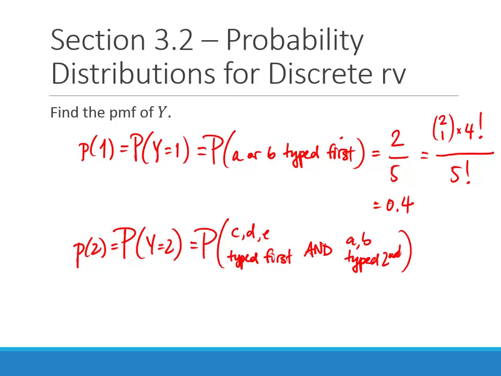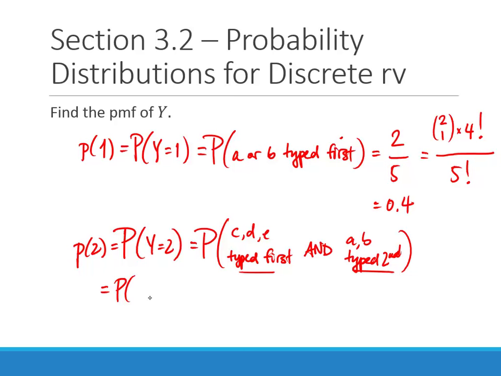So again, there are a number of ways to figure this out, but bridging back to our rules of probability, I'll rewrite this as, note that we have the probability of something and something else. So we have a general rule for how to write that out.